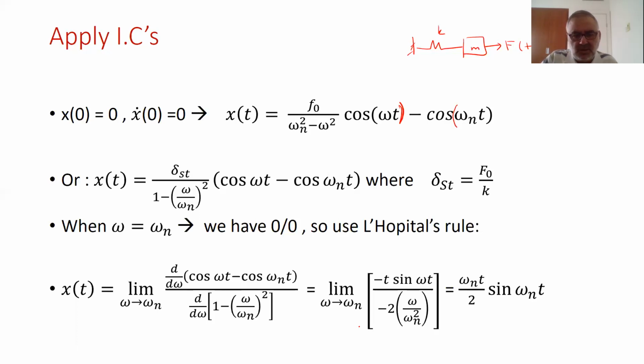So what we get will be, as you take the limit, eventually the following expression: omega n t over 2 sine omega n t. And beware of this term, omega n t over 2. If you plot it over time, it is basically a growing function like this. This is t versus, let's say, omega n t over 2. And you have a sine function that oscillates around it.